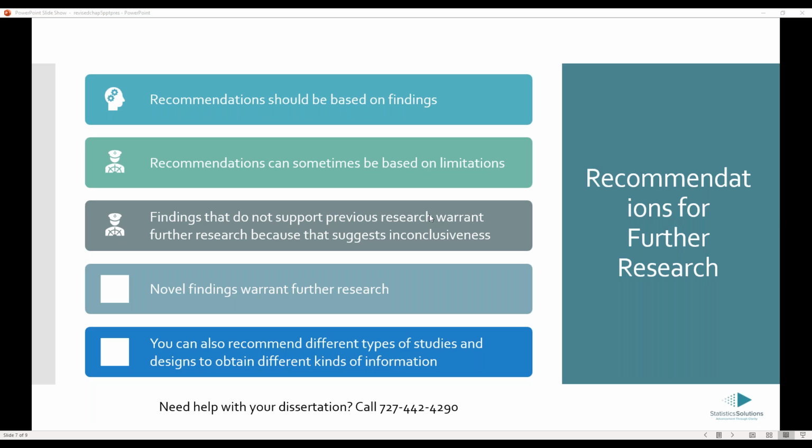These are studies designed to collect data over time with multiple data collection points, and those are good for dynamic issues that may change or have ins and outs over time. So if you recommend a different type of study, which is good, just be sure to give a little bit of information about what kind of information those studies can give us that your study didn't yield.